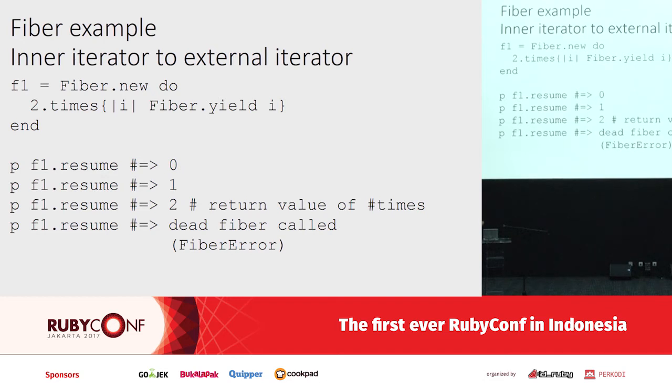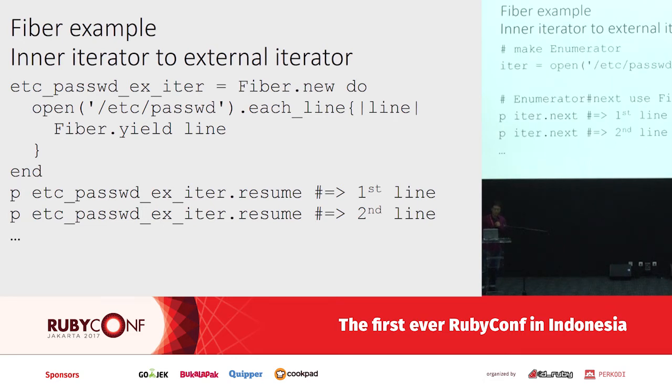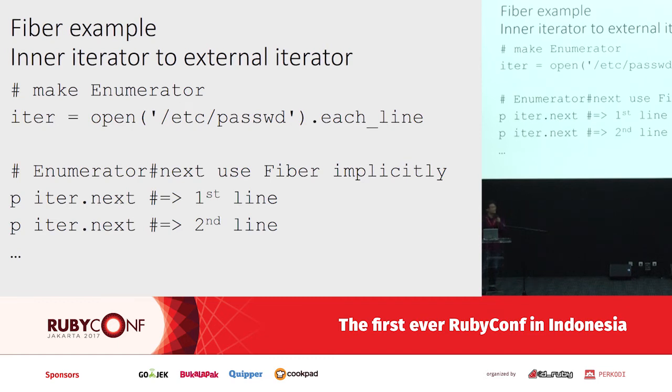It means repeat this block 2 times. But with this program using Fiber, we can continue this block from outside, step by step. Also, we can use this technique with each line, and we can use this technique without specifying the Fiber itself.